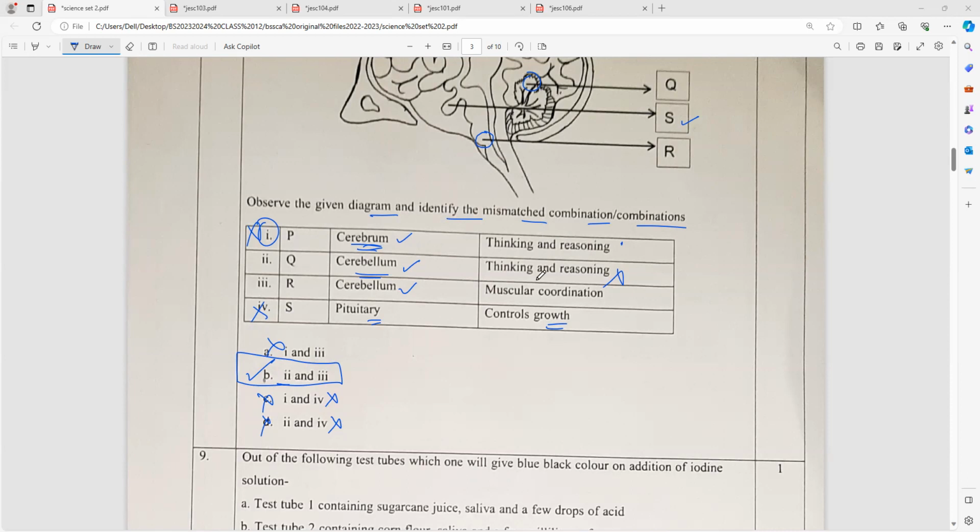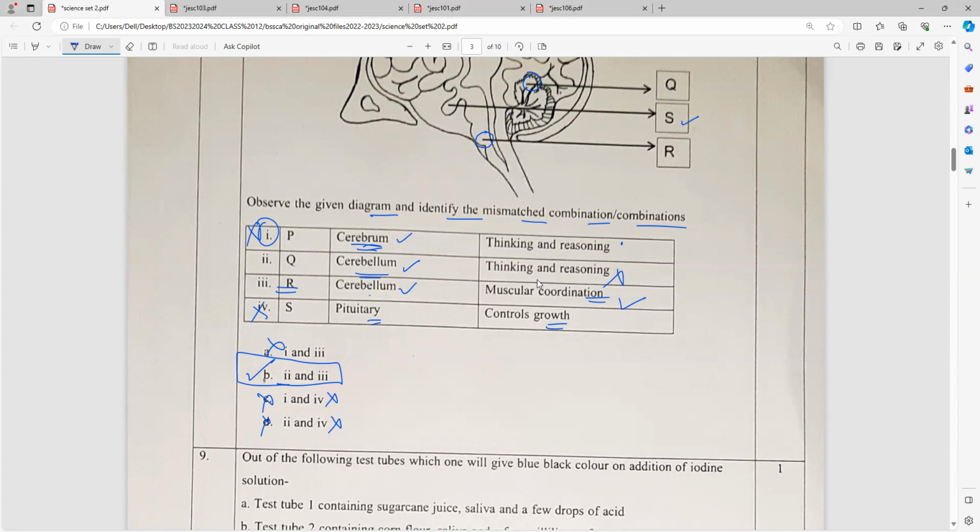So muscular coordination is controlled by, write it: muscular coordination is controlled by cerebellum only. This is also correct. Note it. The location is wrong, right?